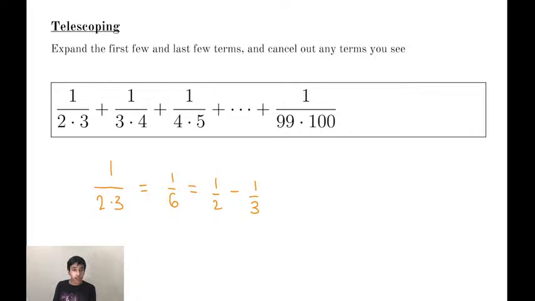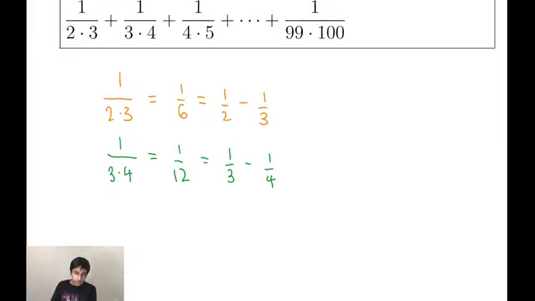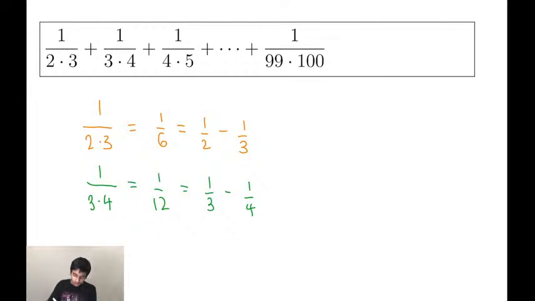1/2 minus 1/3. Similarly, 1 over 3 times 4 is equal to 1/12, which is equal to 1/3 or 4/12 minus 1/4 or 3/12, which is 1/12. And so on. We can continue writing terms from the sequence. So 1 over 4 times 5 will be 1 over 4 minus 1 over 5.